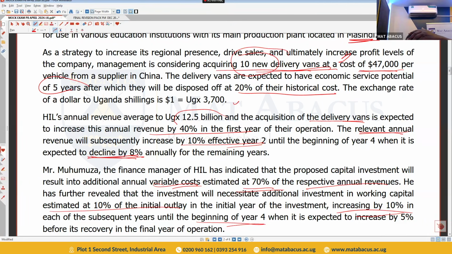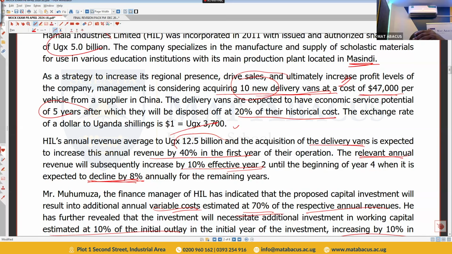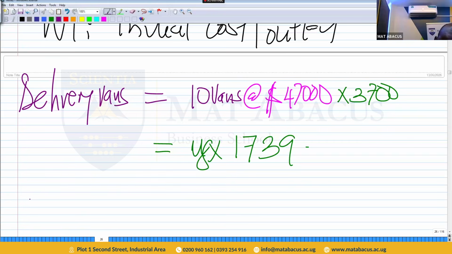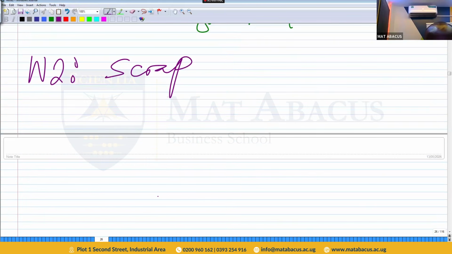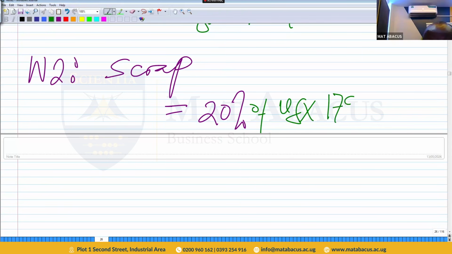So we have taken the exchange rate, we have taken the 10 vans, and the 5 years, but they are telling us the scrap value. Write it down. Working 2, scrap. We have been told scrap is 20% of initial cost. And the initial cost is 179.